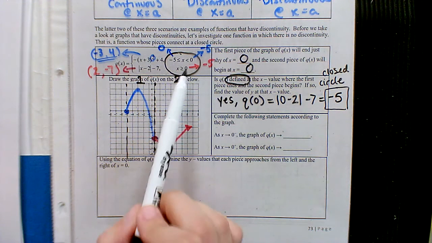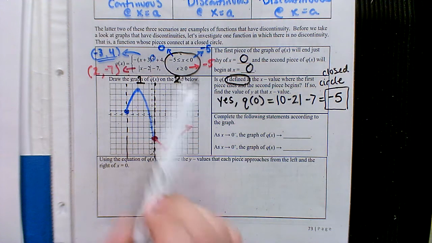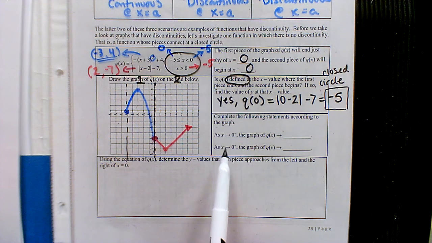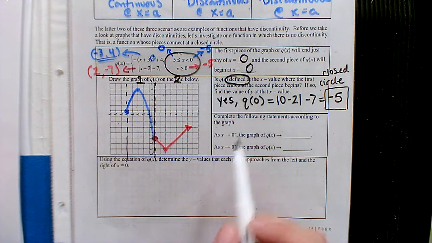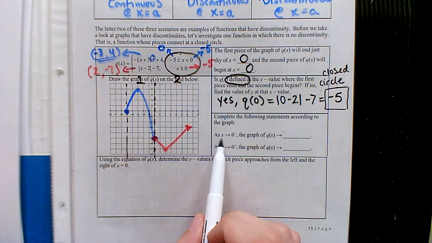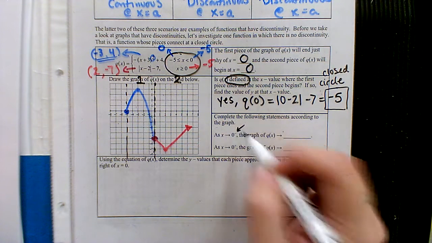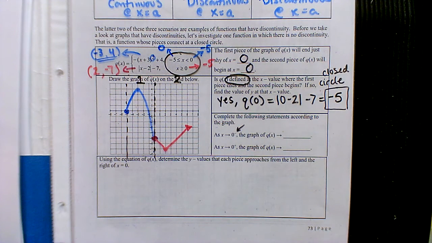And notice how that makes sense because we said the red graph was a closed circle that would fill in the blue open one. Okay, let's go ahead and check out this notation, a little bit new. So if you look at the next box, I'm going to read this out loud so it kind of sinks in. It says, as x approaches. That arrow means approaching. So as x approaches 0, do you guys see that little kind of negative in the exponent spot?